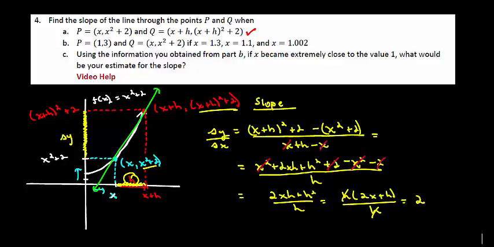Those h's cancel out and I get 2x plus h. That's your answer for part A. Let's erase this and write it down in black instead, so it shows up a little better. So this would be 2x plus h.